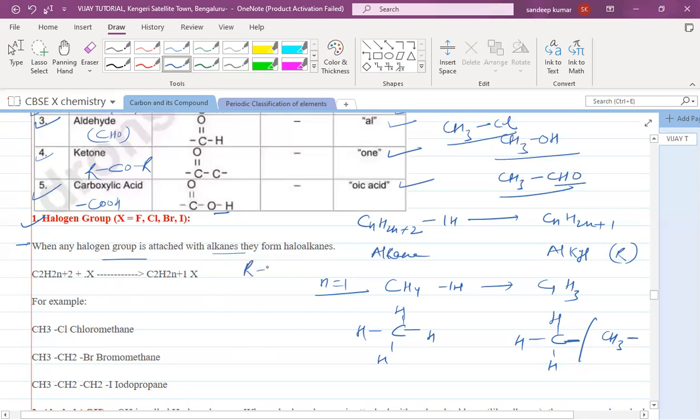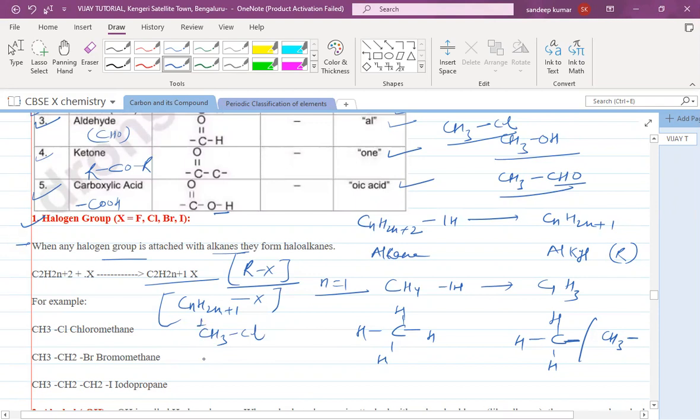The general formula is RX, where R is CnH2n+1, so CnH2n+1X. For example, if n is 1, we get CH3 and then chlorine is present, so X is chlorine.